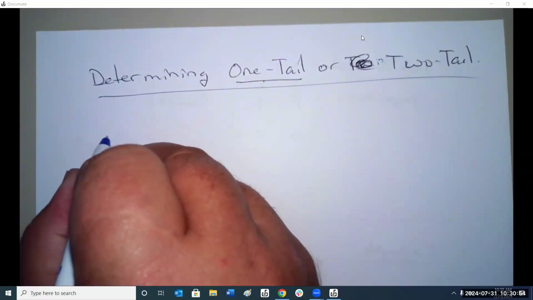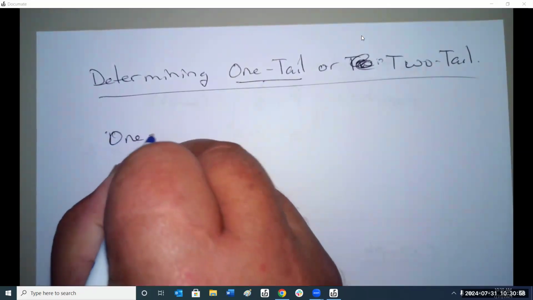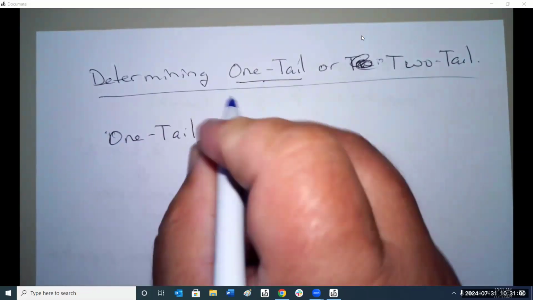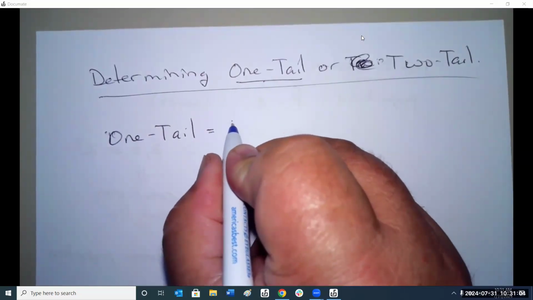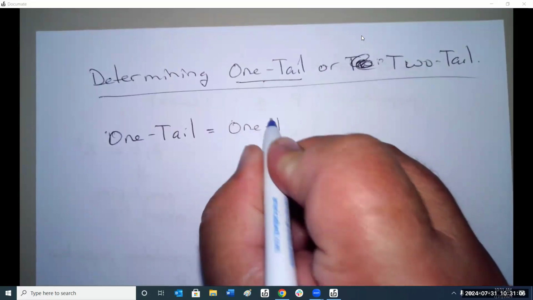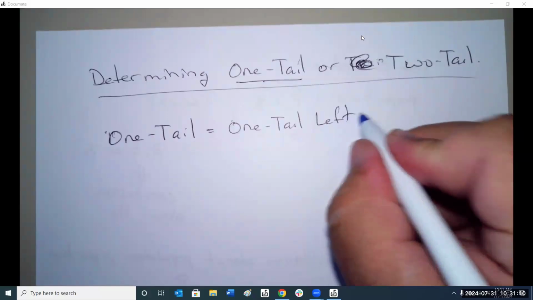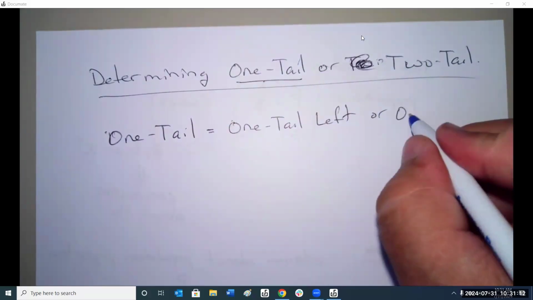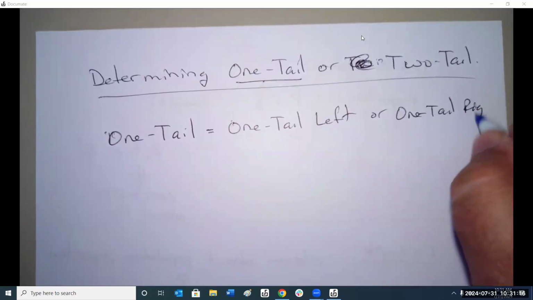If it's one tail, is it one tail left or one tail right?